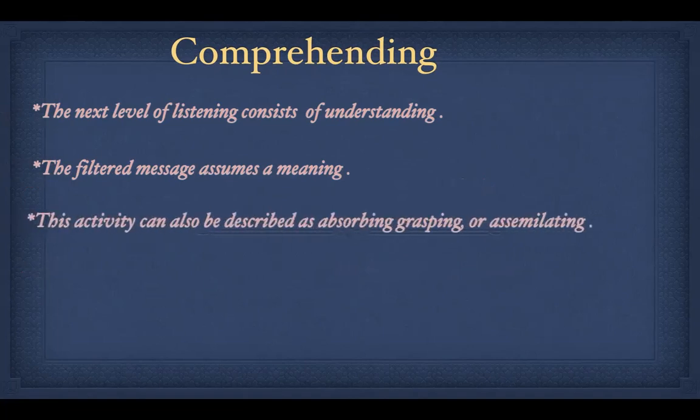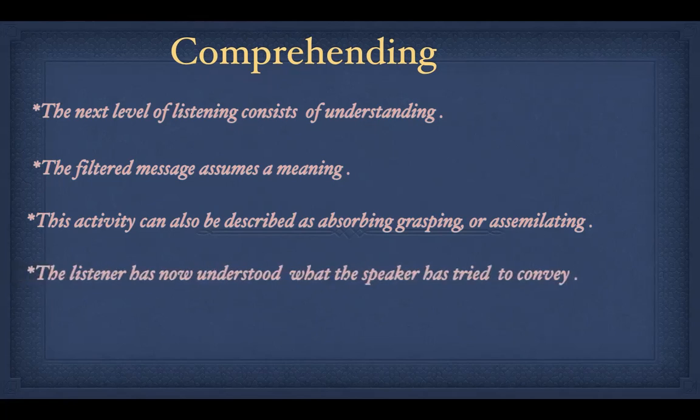This activity can also be described as observing, grasping, and assessing. The listener has now understood what the speaker has tried to convey. So in this stage, we understand what the speaker is going to say. So this is about comprehending.